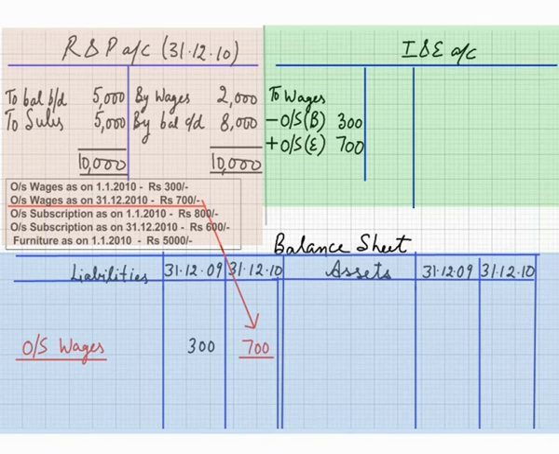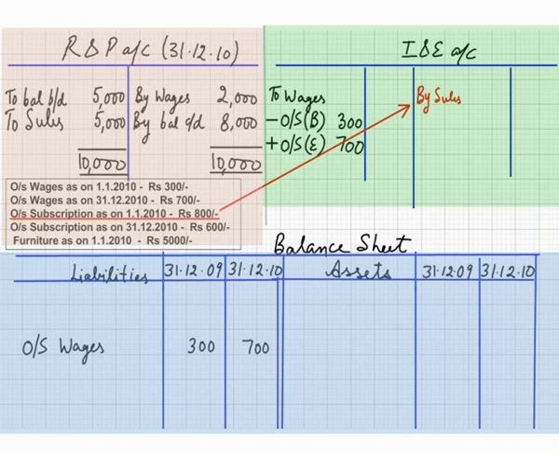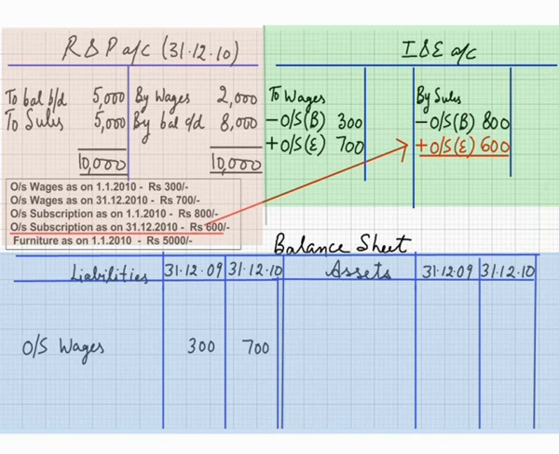Now let's move to outstanding subscription. Outstanding subscription in the beginning was 800 rupees. You know, outstanding at the end is always added, but outstanding in the beginning is deducted in the inner column. So on the credit side, by subscription minus outstanding in the beginning 800 rupees and plus outstanding at the end, that is 600 rupees.